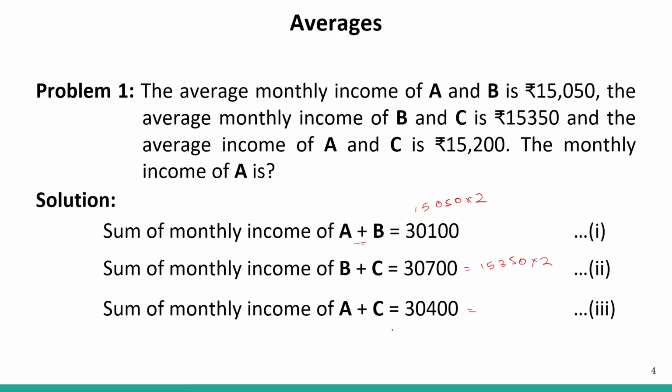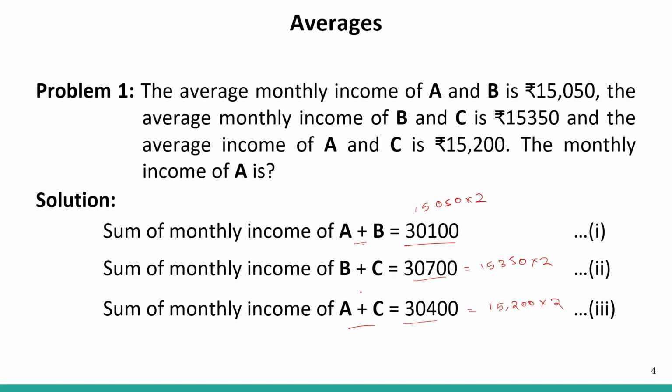And the sum of monthly income of A and C is equal to 15,200 into 2, right? So this is how we got these values, 30,100, 30,700 and 30,400 for the sums of monthly income of A plus B, B plus C and A plus C respectively.